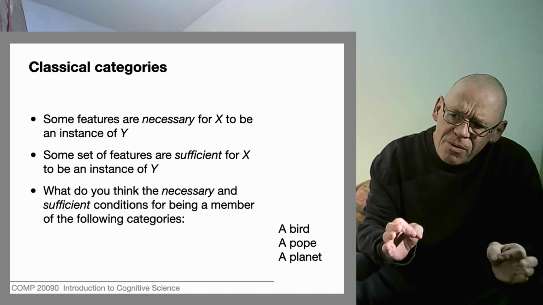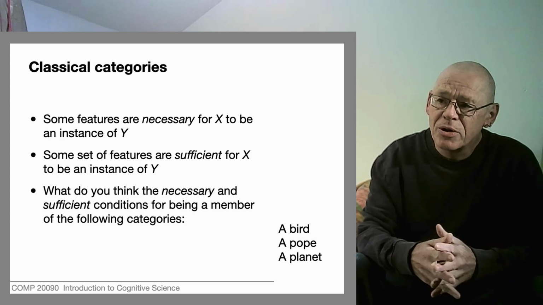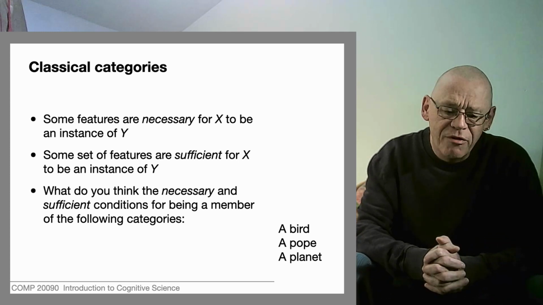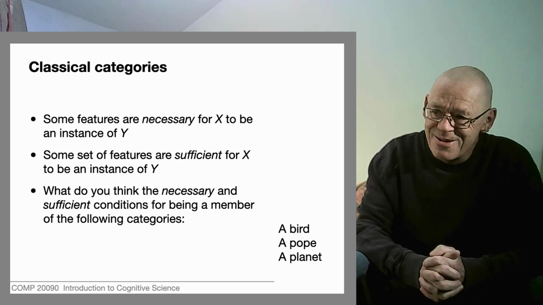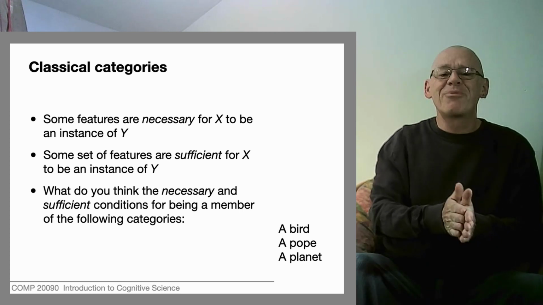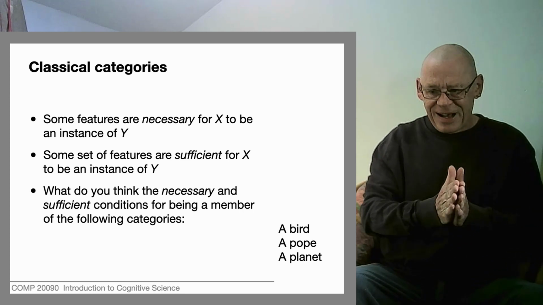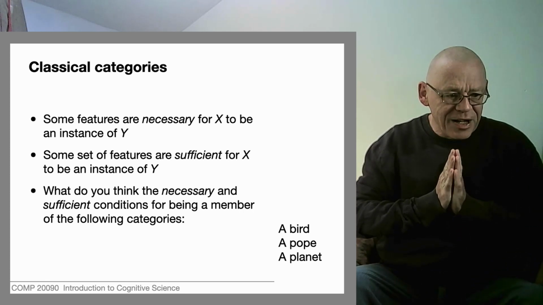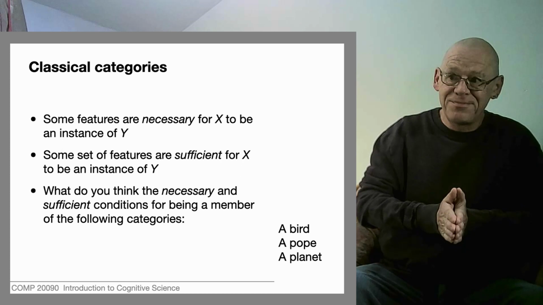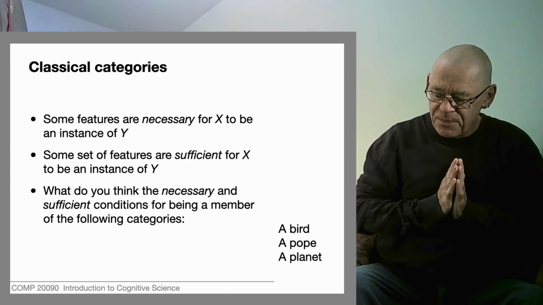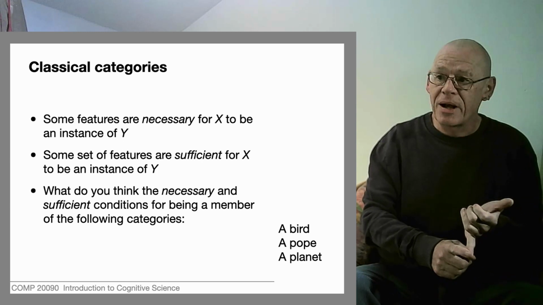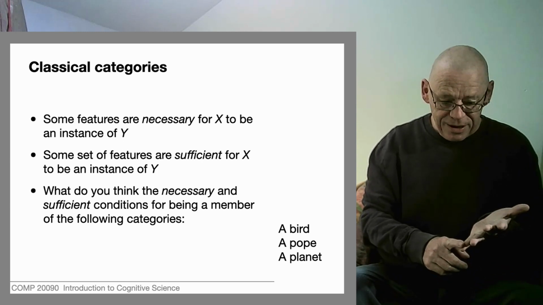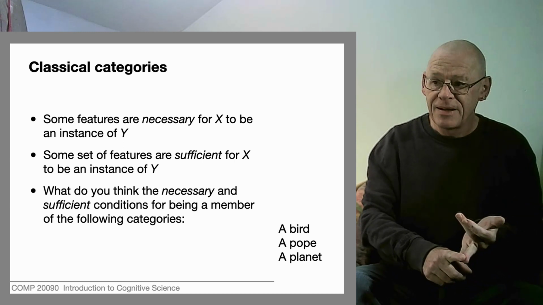There were always some examples that were trotted out here that seemed to work very well, but even they, of late, have been rather unstable. For example, a good example of a category which seemed to have necessary and sufficient conditions was the Pope, the head of the Roman Catholic Church, because if you were the head of the Roman Catholic Church, you were the Pope, and that was it.